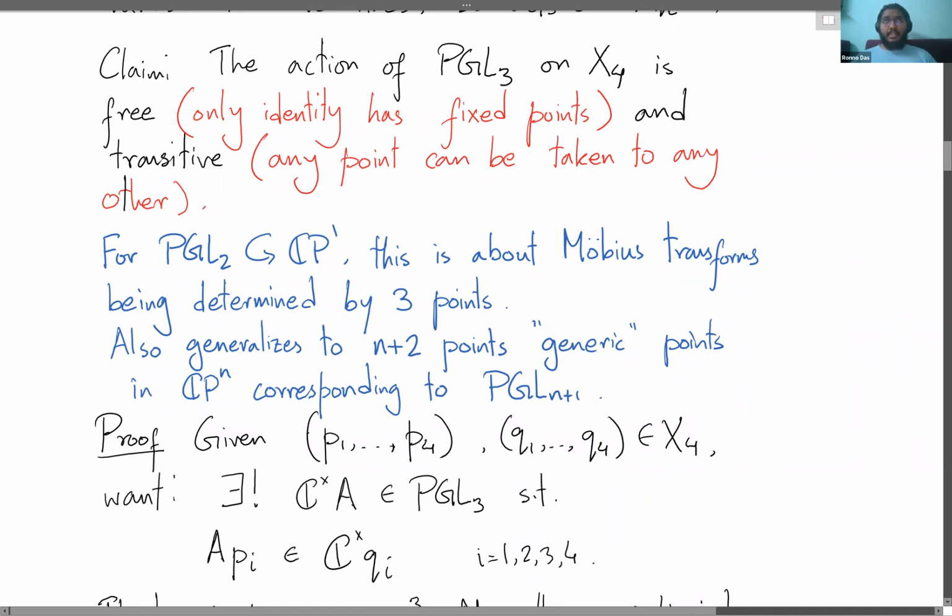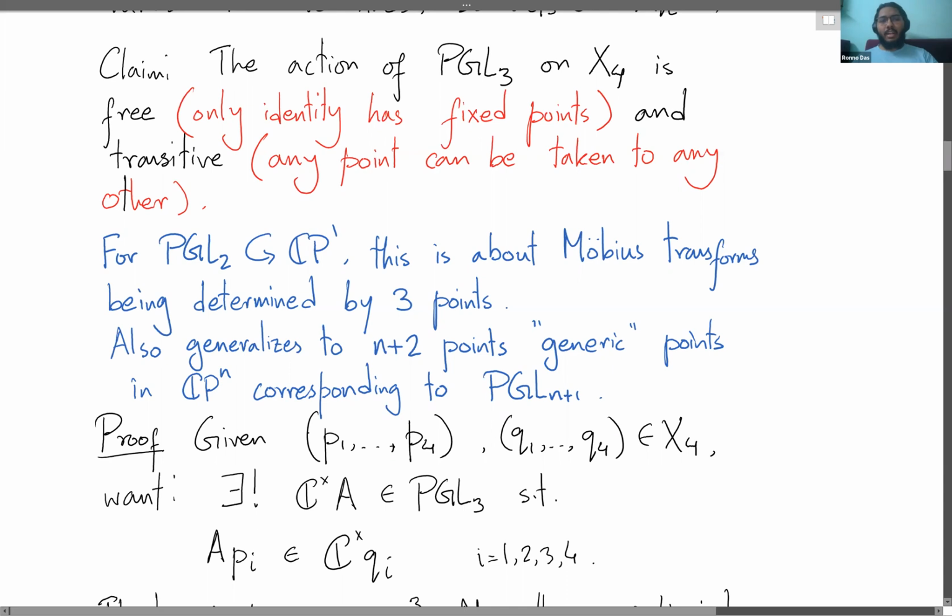If this fact sounds new to you, maybe you're more familiar with the PGL2 action on CP1, the Mobius transforms acting on the Riemann sphere. That's determined by 3 points. It acts simply transitively on 3-tuples of points on the Riemann sphere.